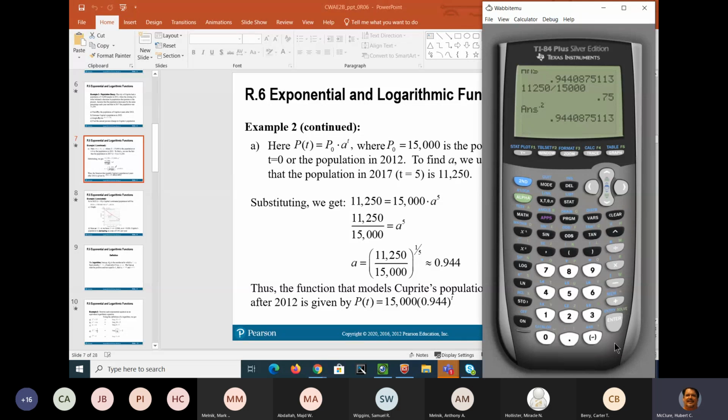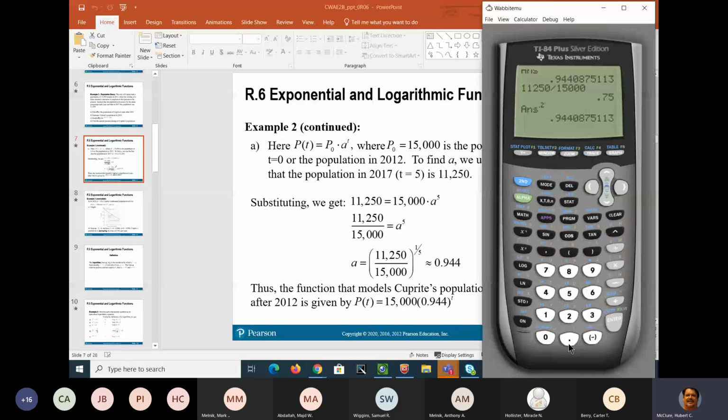Well, the original formula for what we just did, hold on a second, I'm trying to find it, it's on the previous page, is P of T, the population after time, is equal to your initial population times A to the T power.